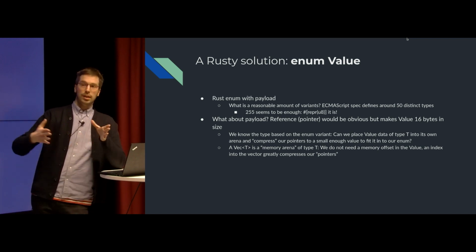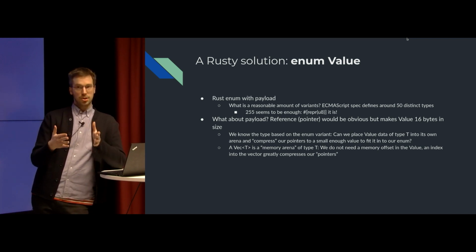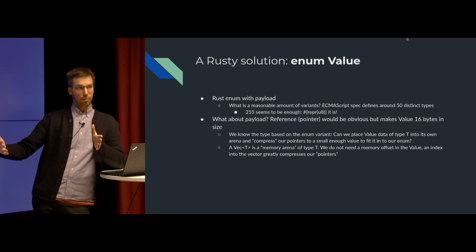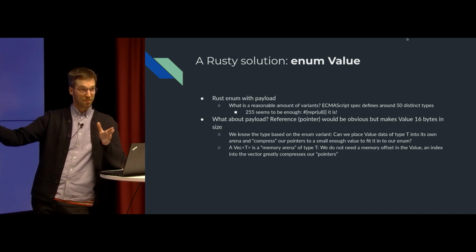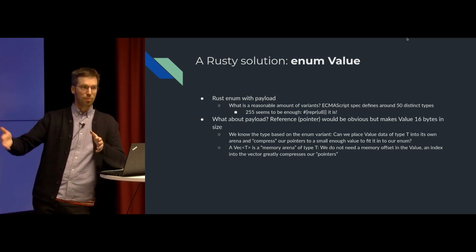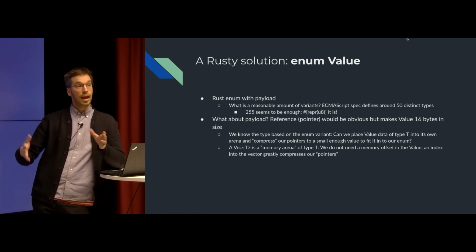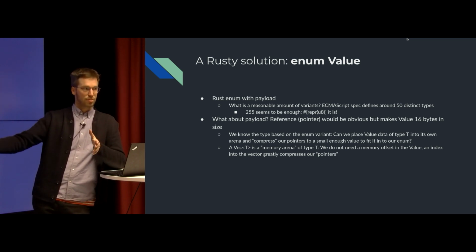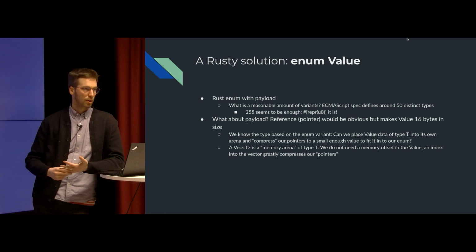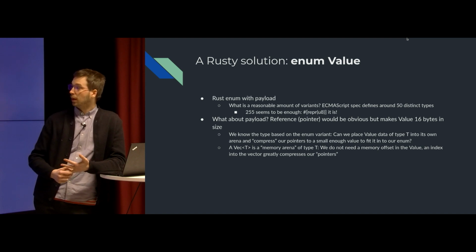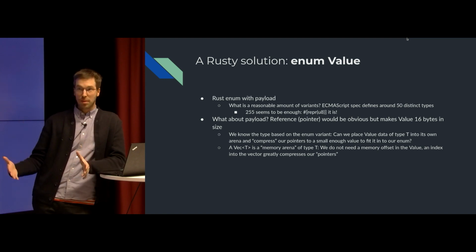That already compresses your pointers. Instead of saying, please take byte offset 2555 or something, you say, please give me index 12 or whatever, and Rust will compute that automatically into a memory offset, or the computer does it for you. So we don't need to store a memory offset. That compresses our pointer.